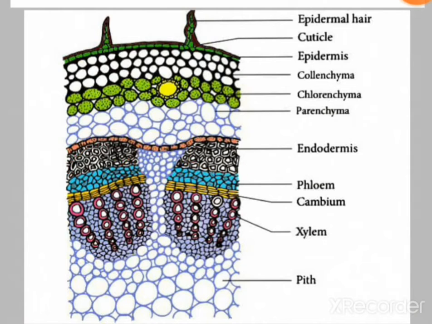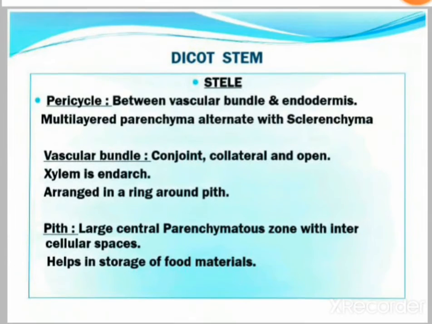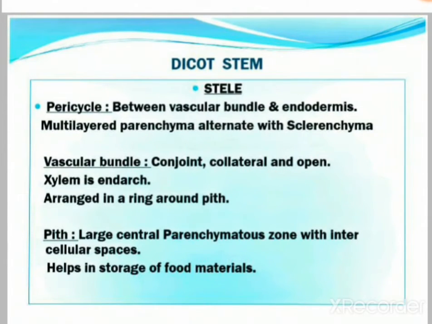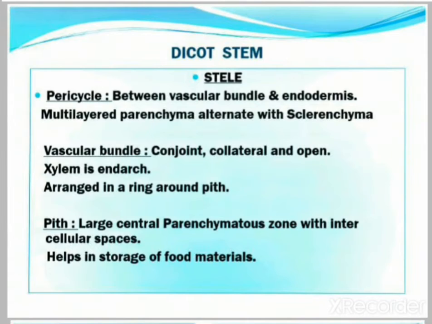Is it clear? Next, vascular bundle. In dicot stem, the vascular bundles are conjoined, collateral and open. Here, the xylem is end-arc in nature. The vascular bundles arranged in a ring around pith.